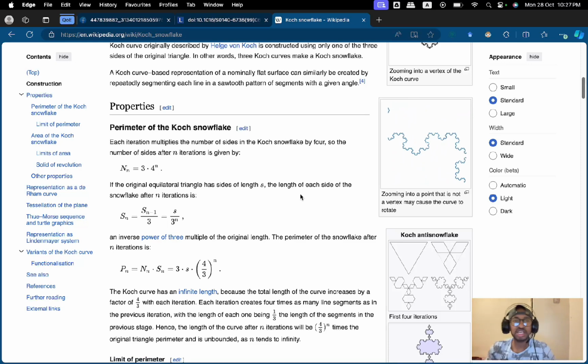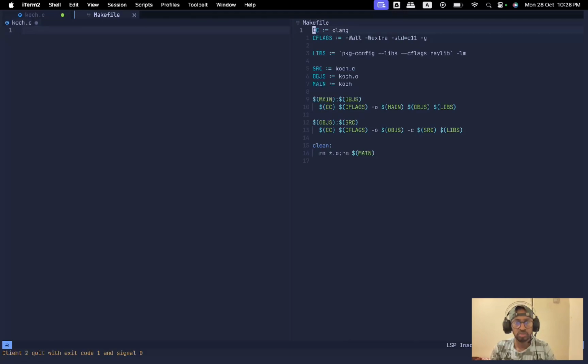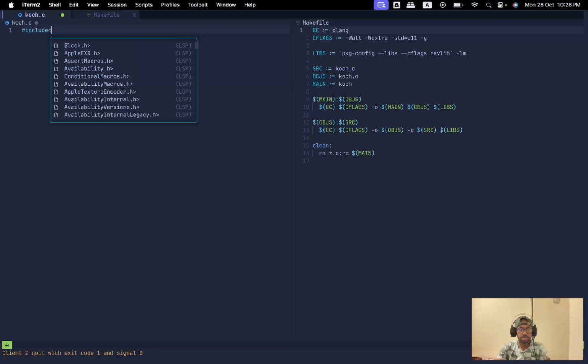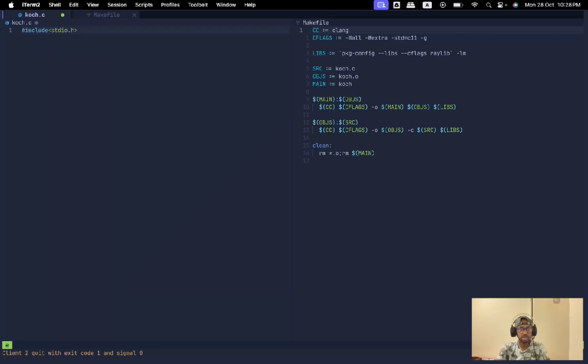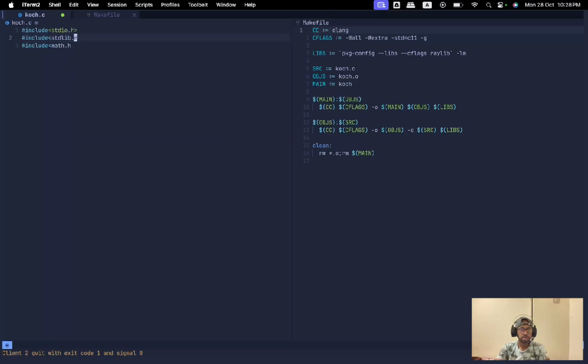I'll be using C and Raylib again. I've already created my directory, and I have my makefile. So let's start. Let me include my basic libraries, stdio.h, and my math library today, math.h.